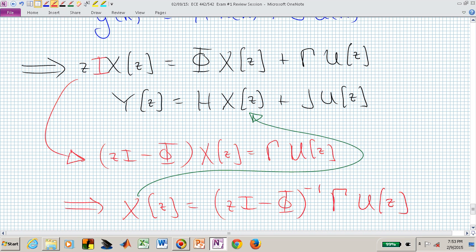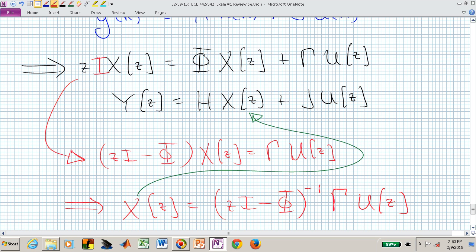It's the same thing if you just look at Z times a vector capital X or Z times the 2 by 2 identity times that same capital X. You get the same answer. Now I'm able to add and subtract a 2 by 2 phi matrix with a scalar scaling an identity matrix. That's where the identity matrix came from.